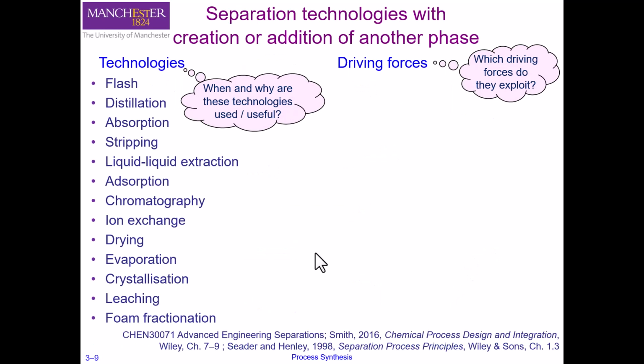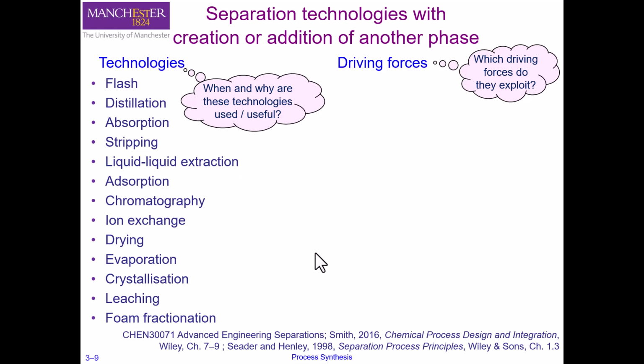There are several technologies for separation, and some of these technologies might be familiar to you already. Like you have flash drum, you have distillation column, absorption, evaporation, and leaching. And each of these technologies exploits one or more relevant driving forces or force fields.